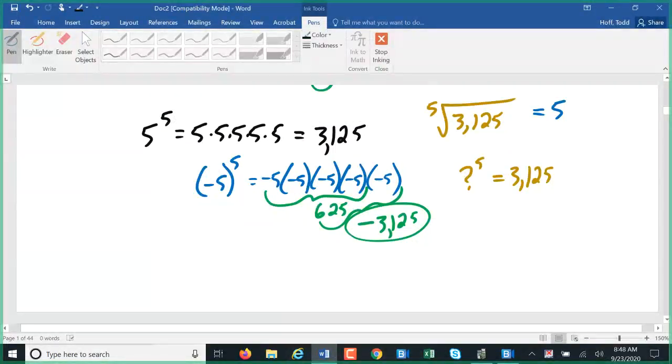We're probably seeing a pattern develop here. The even powers always give a positive result.